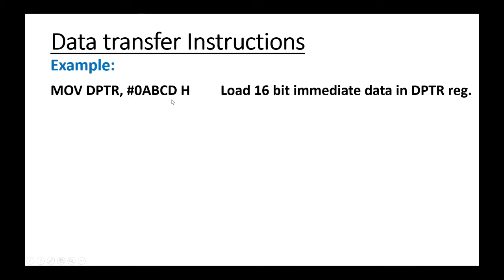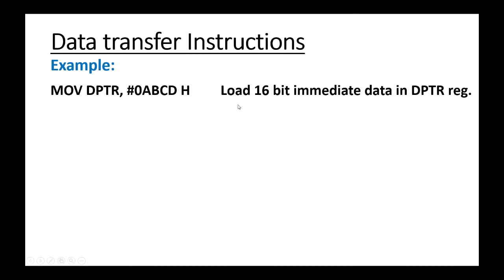You don't have to consider this 0. Why is 0 here? Because of A. A is a letter, and when any immediate data or address starts with a letter, you have to put 0 before it, and that's why we don't consider this 0. So our 16-bit data is ABCD.